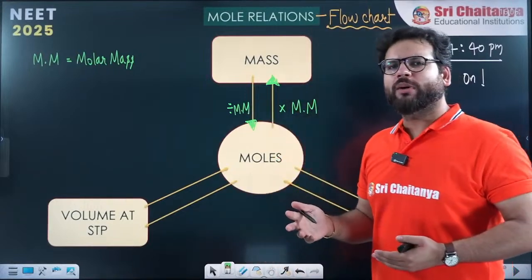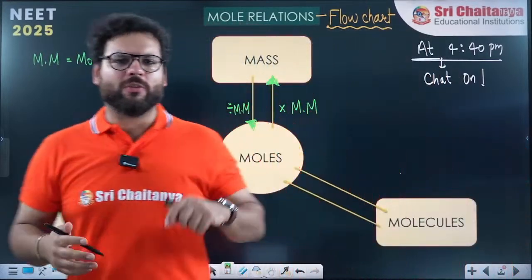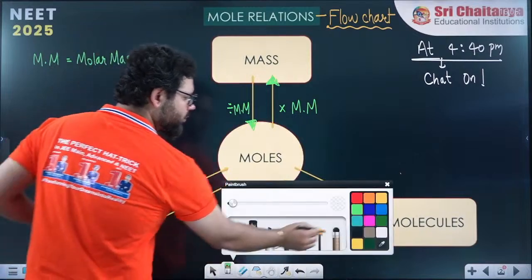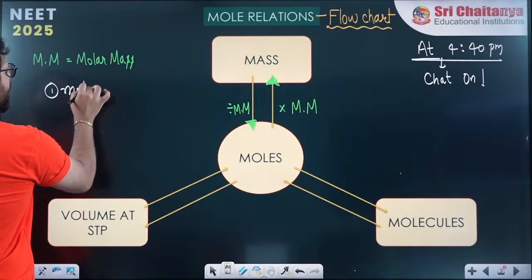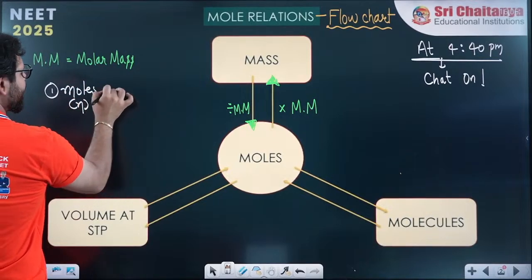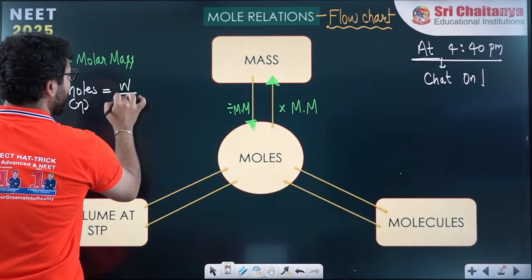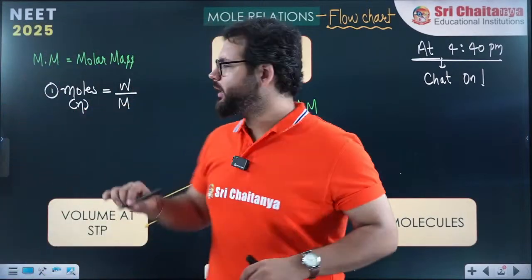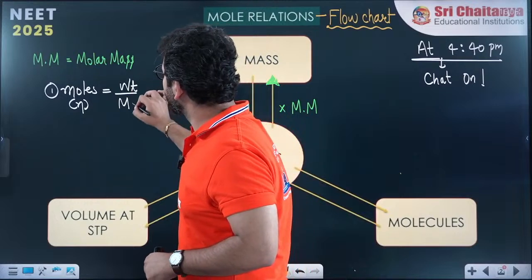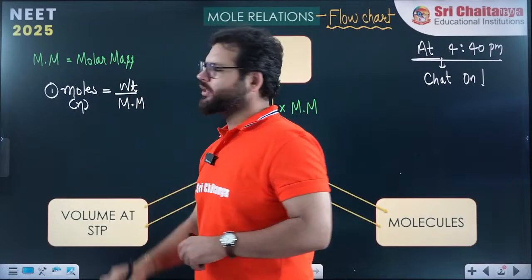First formula of the mole you got just now. Remember it now. Moles, I will represent it by n, can be written as weight given by molar mass. So I'll write it as weight of the substance by molar mass of the substance.